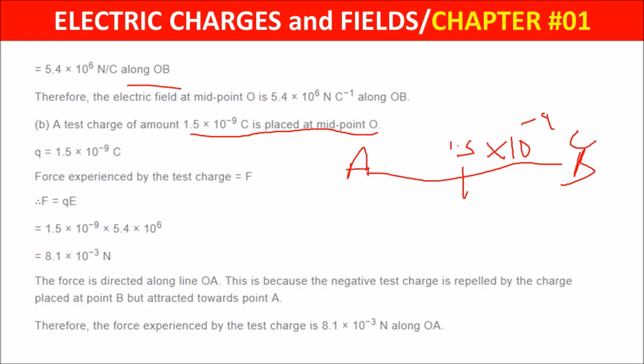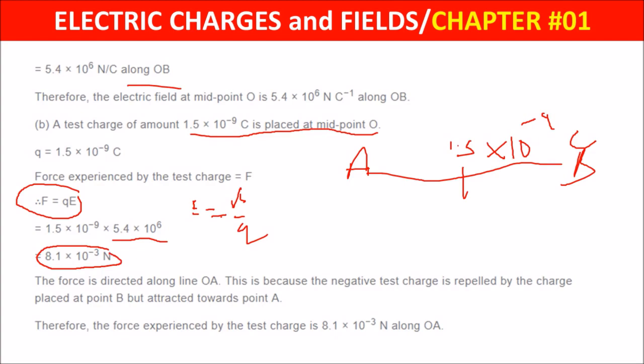So the force experienced by the test charge is given by F is equal to Q into E, because electric field is force per unit charge, E is equal to F divided by Q. So we get 1.5 into 10 to the power minus 9 into 5.4 into 10 to the power 6. So we get 8.1 into 10 to the power minus 3 Newton.